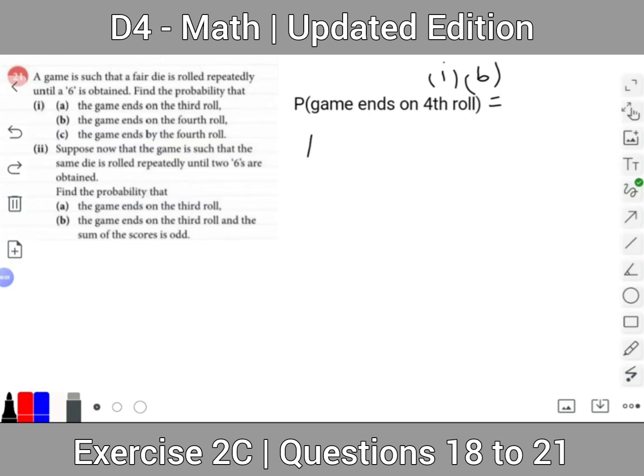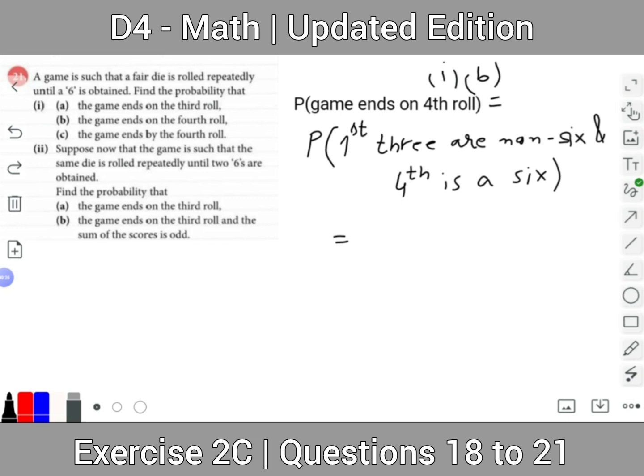So for this, we have the probability that first 3 are non-6 and fourth is a 6. So now here we'll use the multiplication law of probabilities.